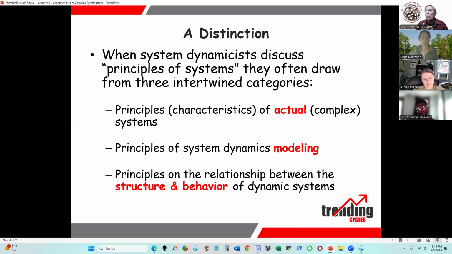And there are some people who use the phrase to represent links between structure and behavior. Hey, this collection of stock flow feedback loop equations generates this behavior. So if you see this behavior, you know it has to be generated by this collection of stock flow feedback loop structure.